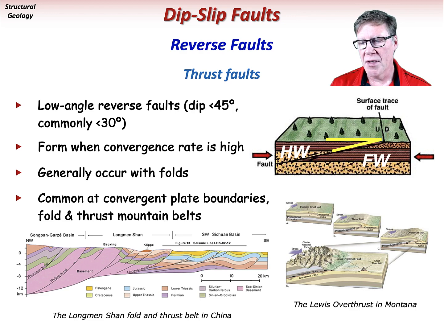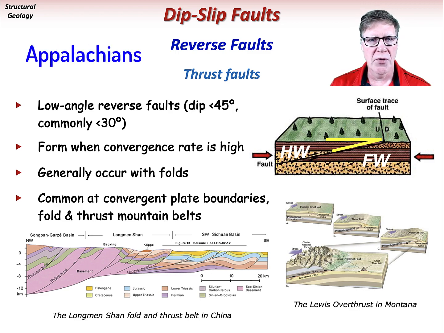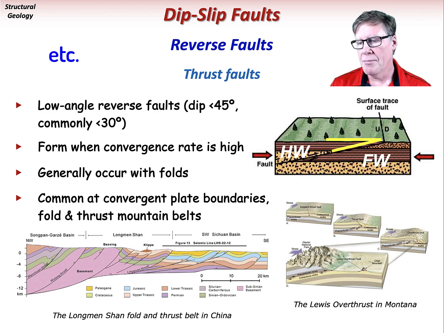Smaller reverse faults and thrust faults commonly extend upward from the basal thrust into the upper plate. Classic fold and thrust belts are found in the Rocky Mountains and Appalachian Mountains of North America, the Alps, the Zagros Mountains of Iran, and in China, to name a few places.